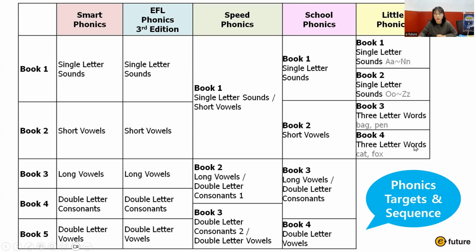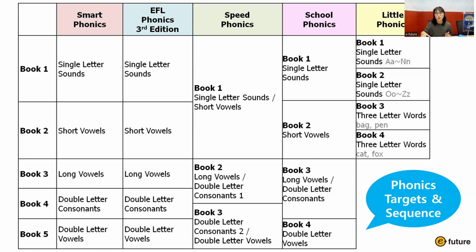However, the level goes only up to book 2 if you look at Smart Phonics and EFL Phonics. So when you finish Little Phonics book 4, you can move on to School Phonics book 3, or Speed Phonics book 2, or EFL Phonics book 3, or Smart Phonics book 3. You can mix and match because we follow the same sequence and have the same phonics targets.